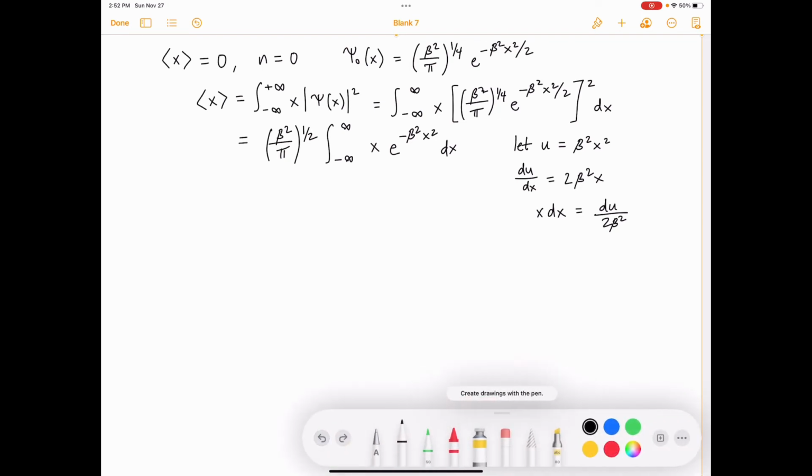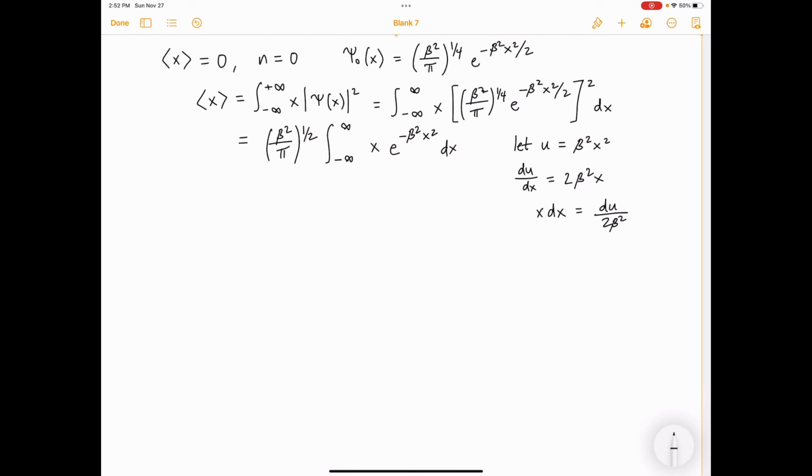All right, so I'm first going to just do the indefinite integral without plugging the limits in. And then once we have the result, we'll deal with the limits, okay? So here's what we're dealing with. We have e to the minus u, and then the x dx part, like I said, is du divided by 2 beta squared. And 2 beta squared is a constant, so I'll just pull it out.